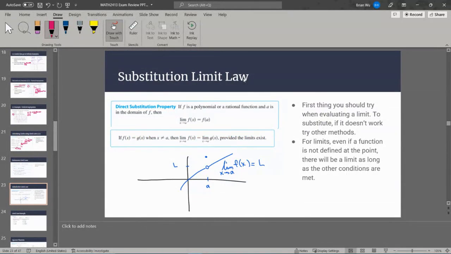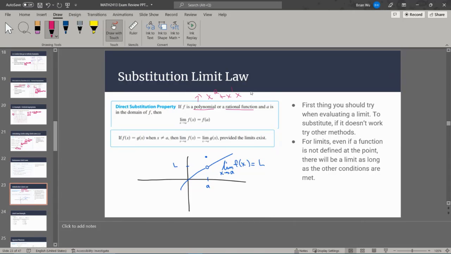And then one of the main ones is called the substitution limit law, and it's basically what we've been doing so far. We've been saying that if it's a polynomial or rational function, that essentially means that a polynomial is just some expression with x to the power of n.